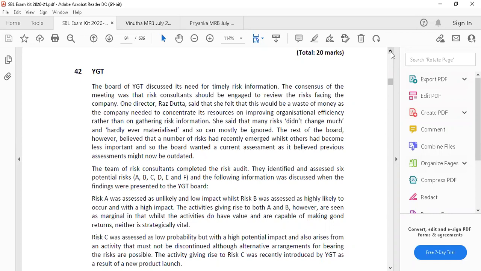She said that many risks didn't change much and hardly ever materialized, so can mostly be ignored.